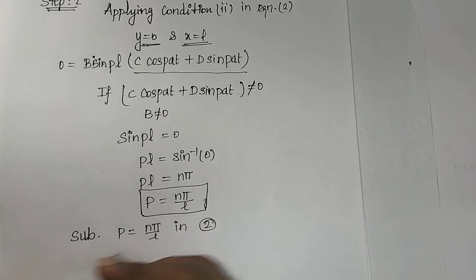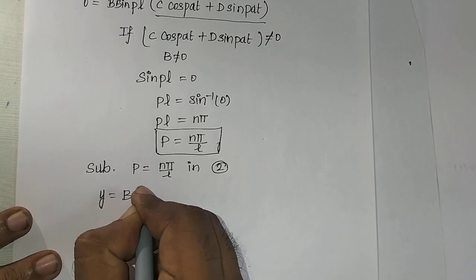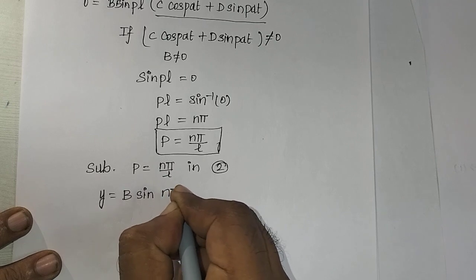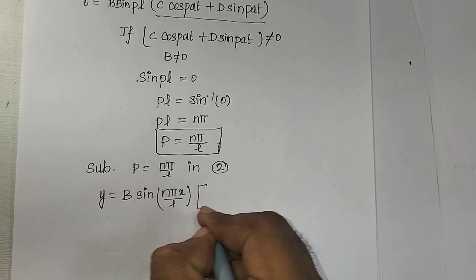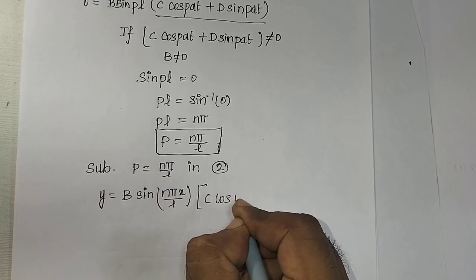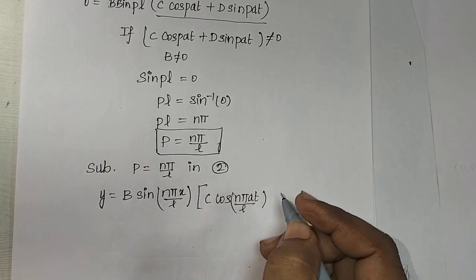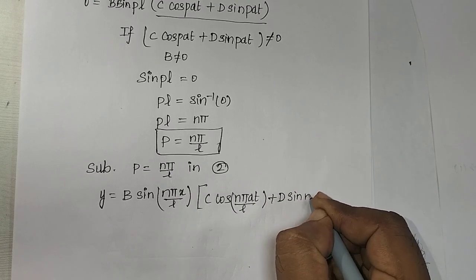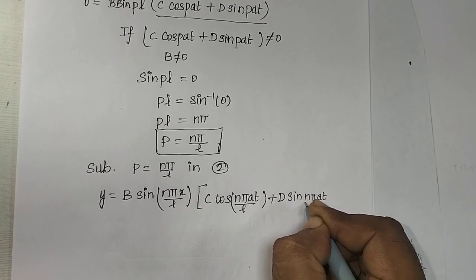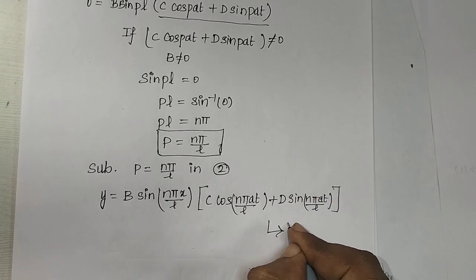So y equal to b sin n pi x by L, and then c cos n pi at by L, we substituted p, plus d sin n pi at by L. So this is our equation 3.